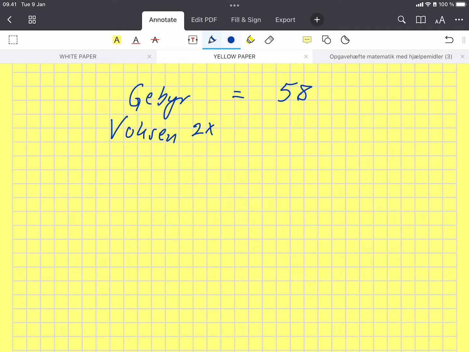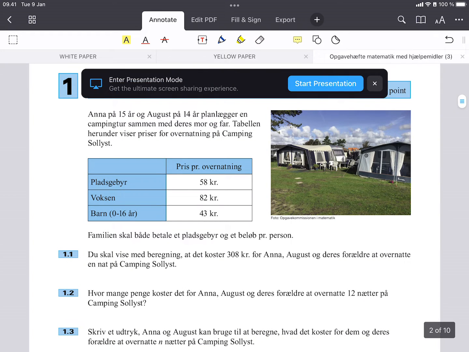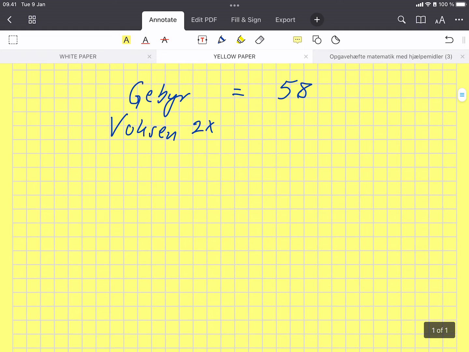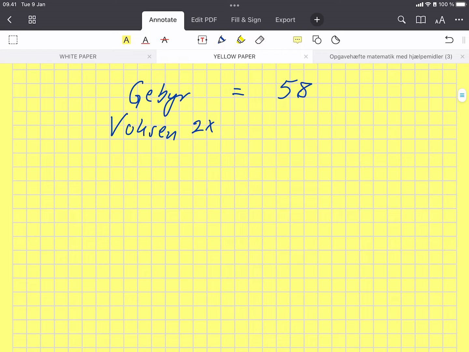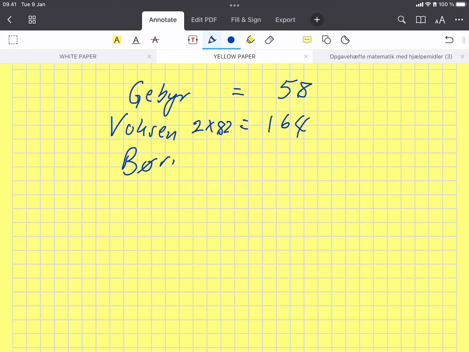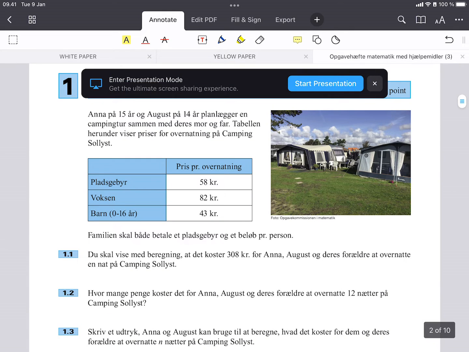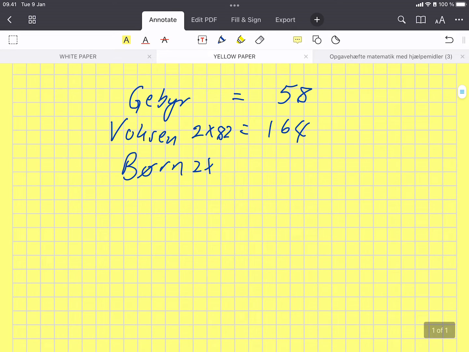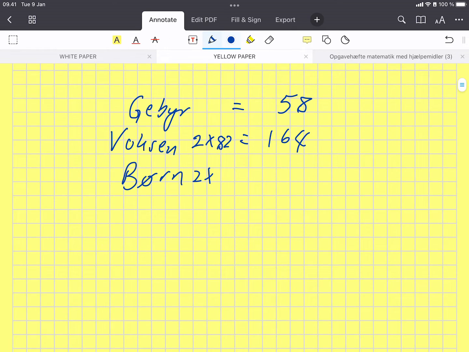2 times, how much is it? 2 times 82. 2 times 82, which is 164. And then the kids, that's 2 times 43. 2 times 43, which is going to be 86.